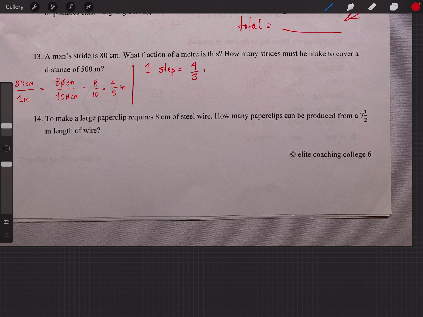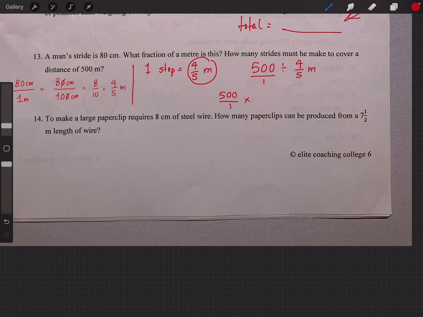Now, how many of these will cover a distance of 500 meters? So you do division. Okay, so you do 500 divided by 4/5 of a meter. And let's do some fractions. Now 500 is a whole number, so it must be over 1. So that's 500 over 1 divided by 4/5.